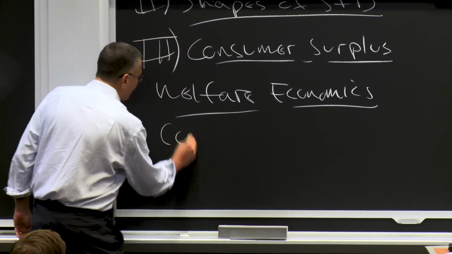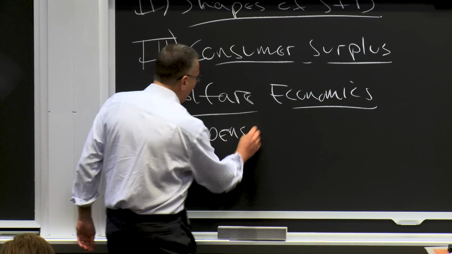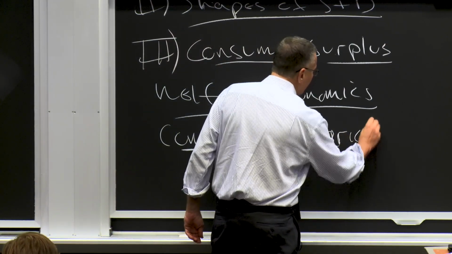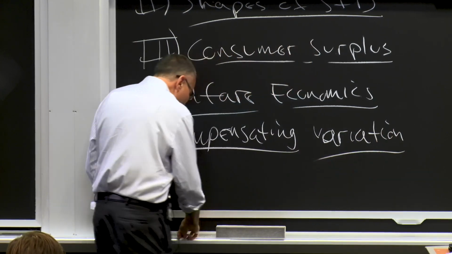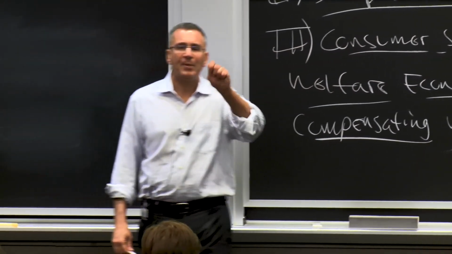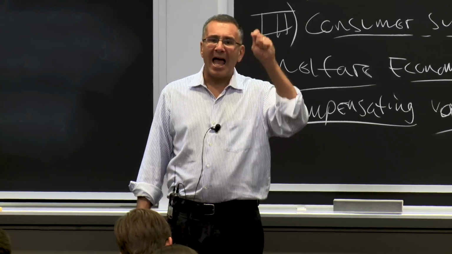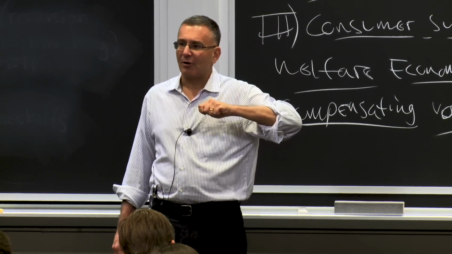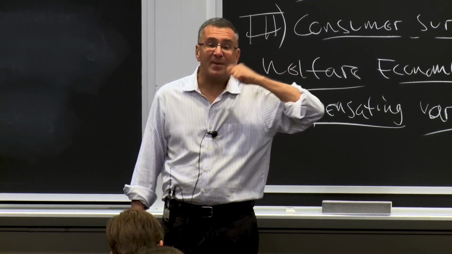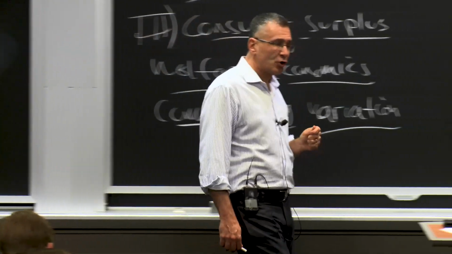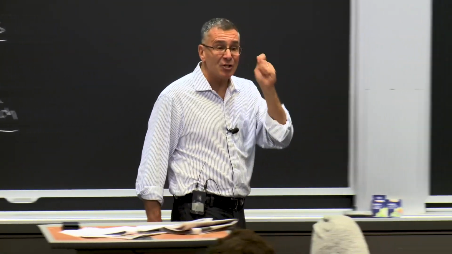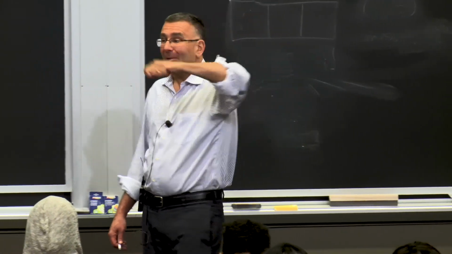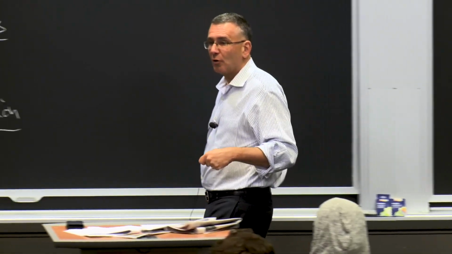So what do we do? We do a clever thing economists thought of a long time ago, which is to use the concept of compensating variation. What does that concept mean? That means that instead of asking you how happy you are, I ask you how much would I have to pay you to become sadder? Or how much would you be willing to pay to be happier? So I can't measure your marginal utility in dollars, but I can measure how many dollars you would pay to buy the next good, or how many dollars you'd pay me not to be punched, or whatever.